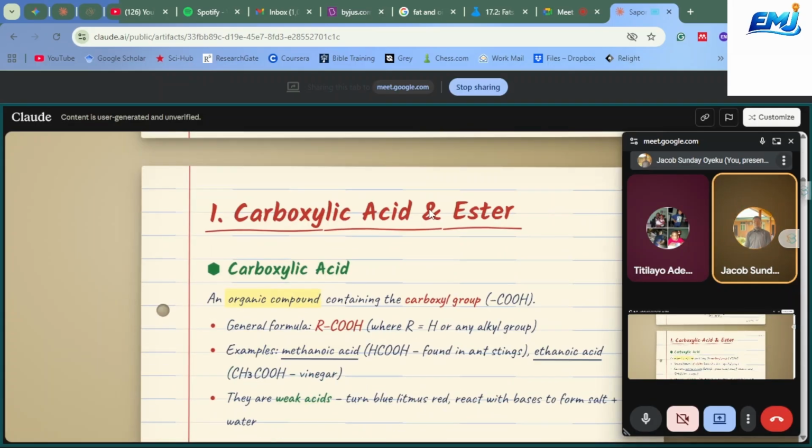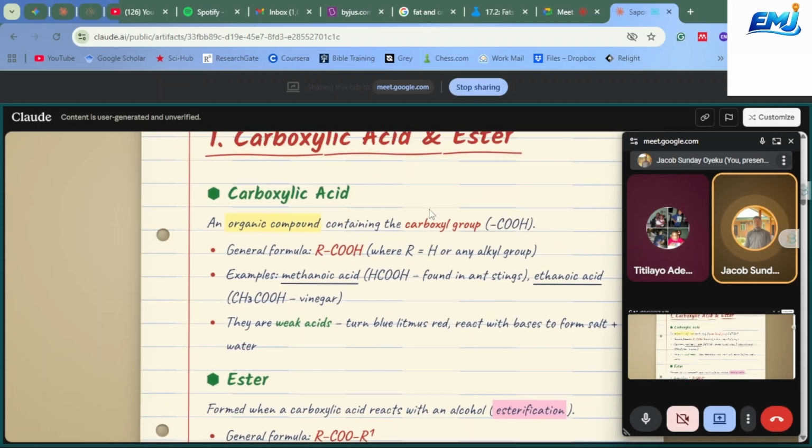The reason why we're talking about carboxylic acid and ester is because number one, they both look alike. And beyond the looking alike, they are both involved in the saponification process. The saponification process is the conversion of carboxylic acid to an ester.